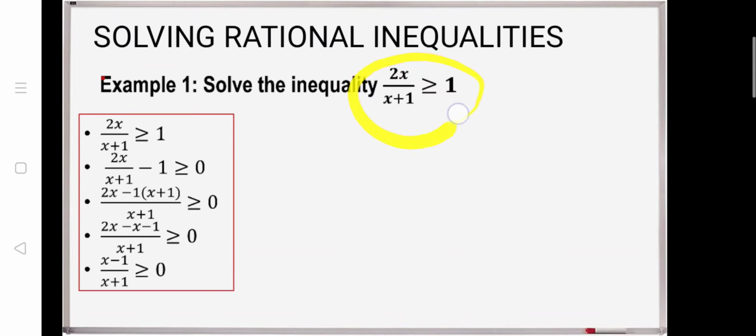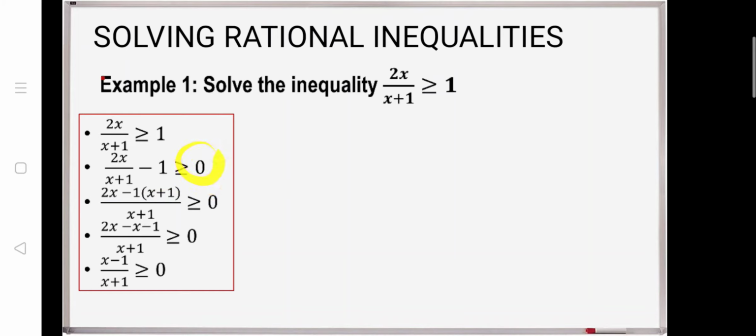To make that possible, you have to transpose this positive 1 to the other side, then we will have 0 on the other side. So this is our given inequality. We have to transpose this 1 to the other side. It will become negative 1. So we will have 2x over x plus 1 minus 1, greater than or equal to 0.